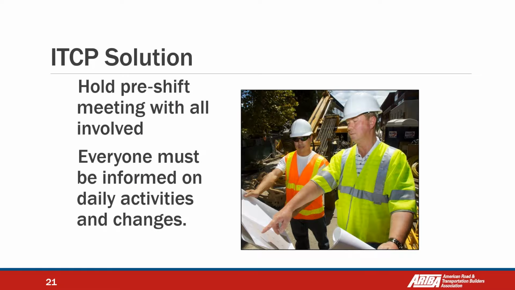So some solutions that we have: hold a pre-shift meeting with all involved. Communicate the internal traffic control plan with everybody. Everyone must be informed on daily activities and changes.